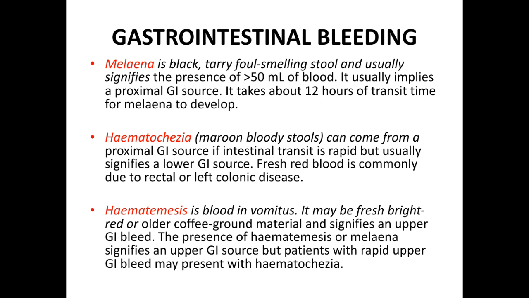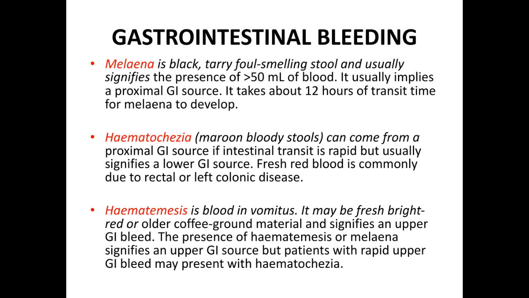So next, one of the very important symptoms is gastrointestinal bleeding. In this, there are three subheadings: melena, hematochezia, and hematemesis. If a patient has both melena and hematemesis, then the possibility of upper GI involvement will be there.